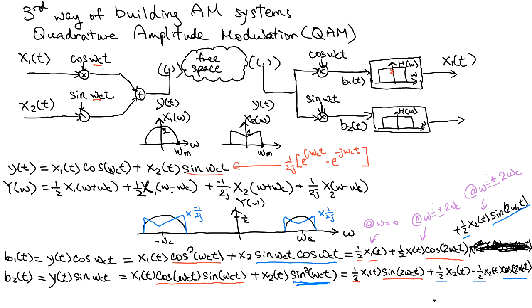Okay, and so now at this point, by the same logic, you pass it through a low pass filter, and then you will realize that what remains actually is x2.